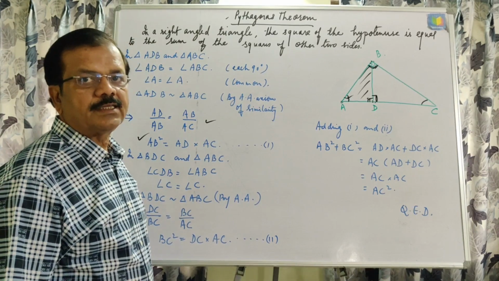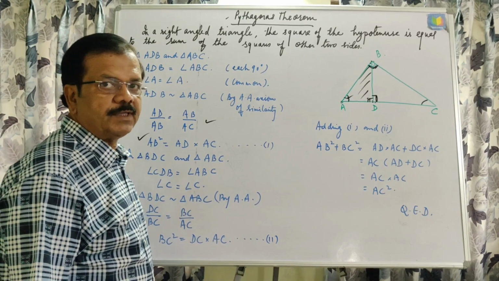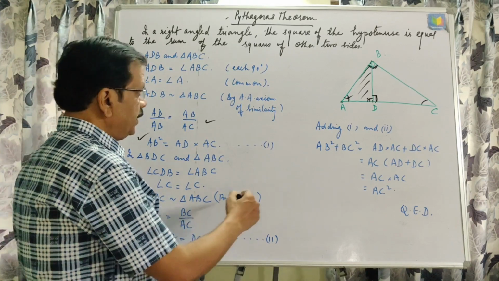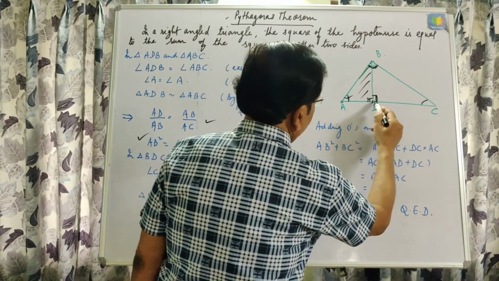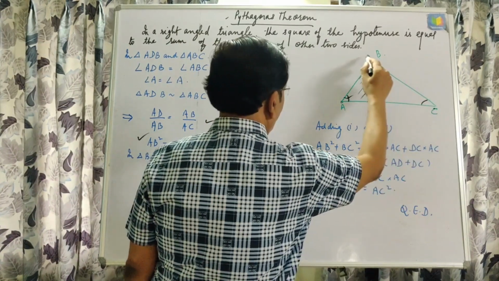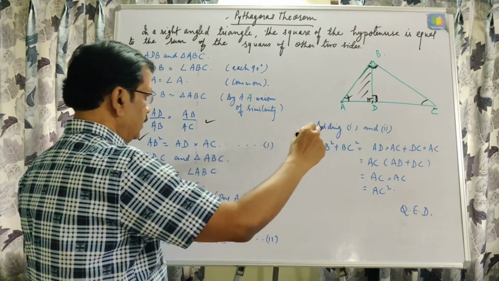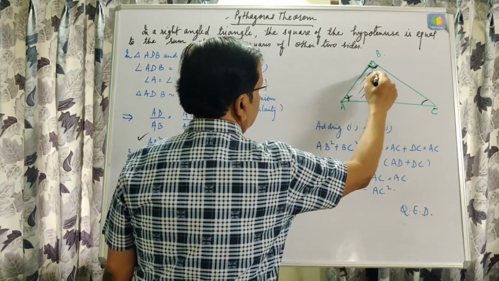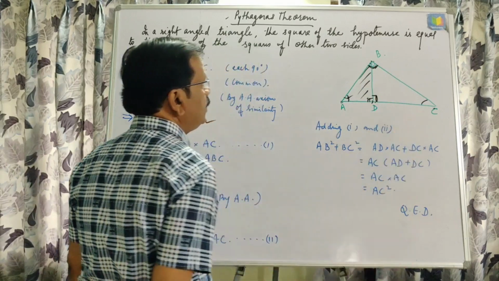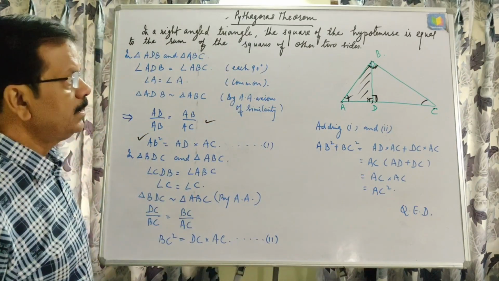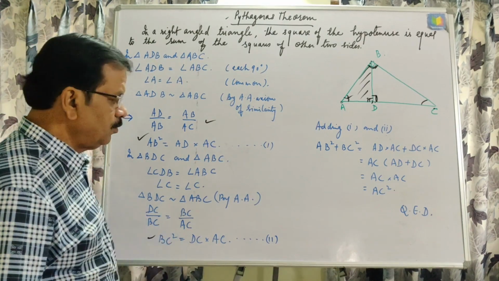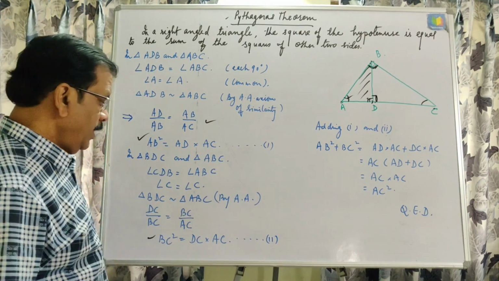The ratio of their corresponding sides will be equal, that is DC of the smaller one upon BC of the bigger one is equal to BC of the smaller one upon AC. And so BC square is equal to DC into AC.